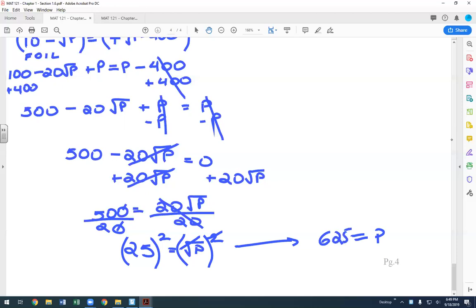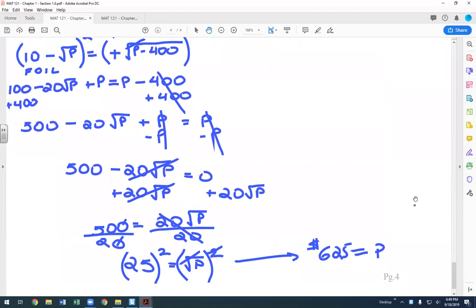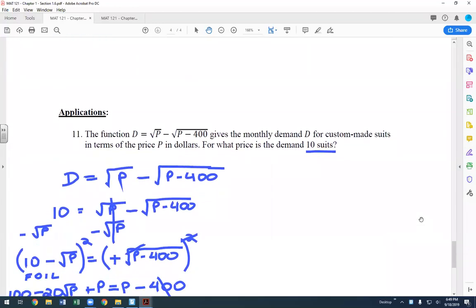And this was what price? So that will be dollars. For what price is the demand 10 suits? So 625. Demand will be for 10 suits.